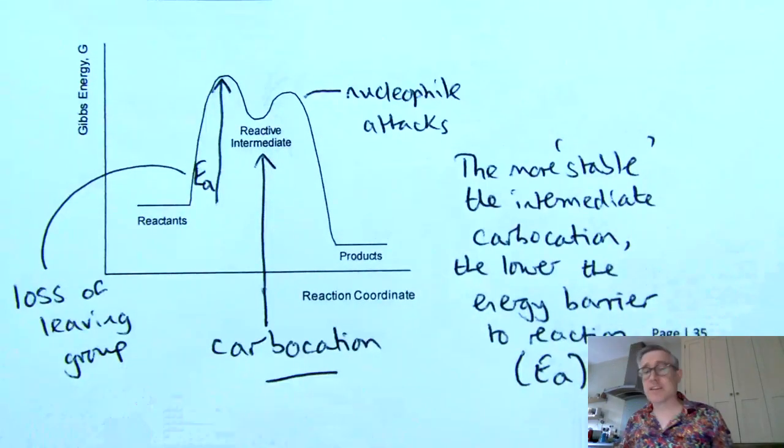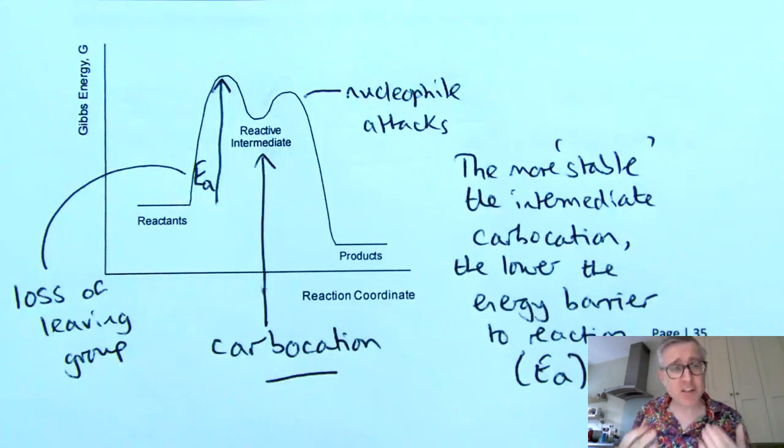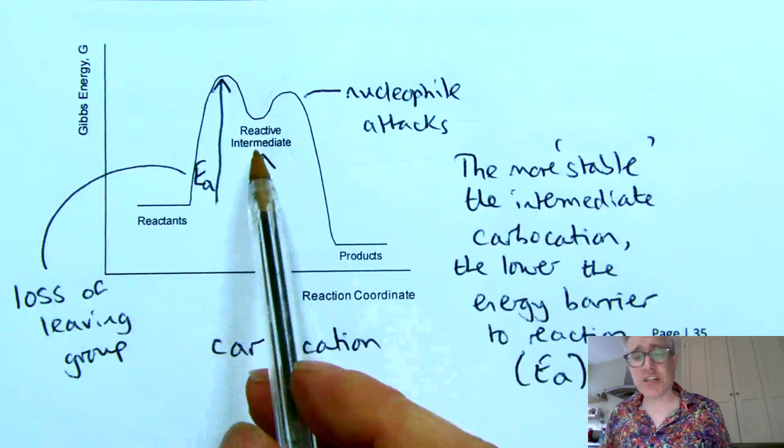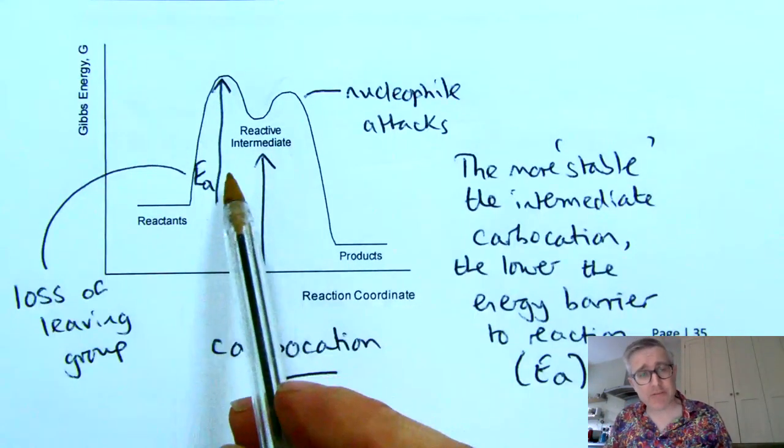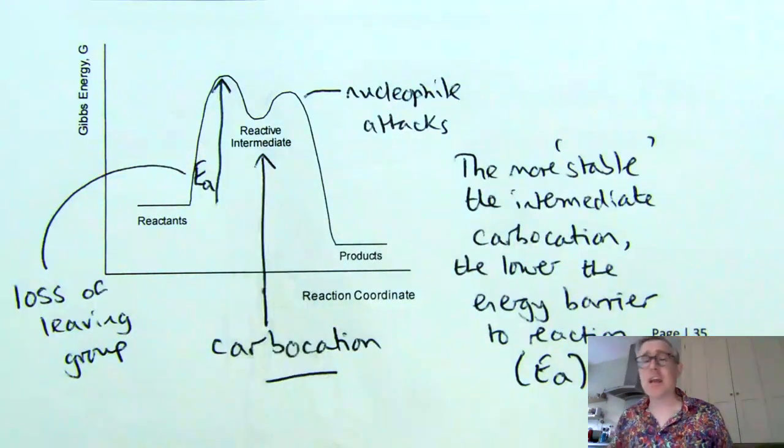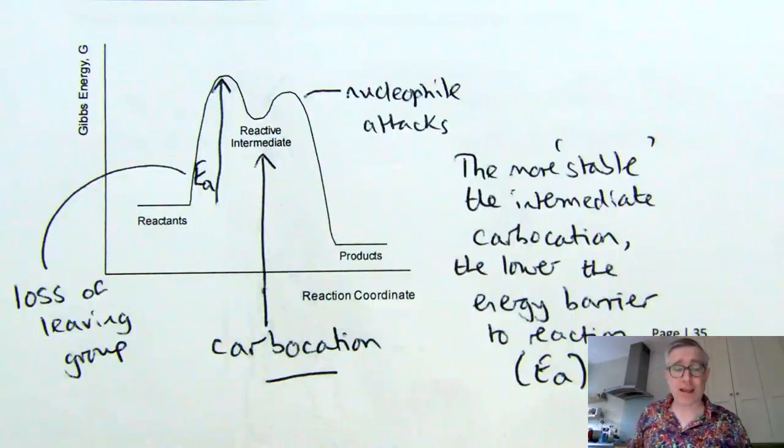So if we have a relatively stable, energetically accessible reaction intermediate, then we can make that reaction intermediate more easily, and this reaction will progress faster.